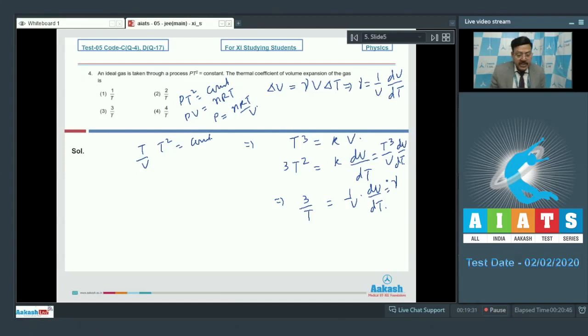And if you look at the options, it is matching with option 3. So option 3 is correct. Let's now go on to the next question.